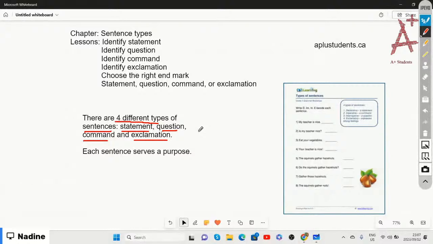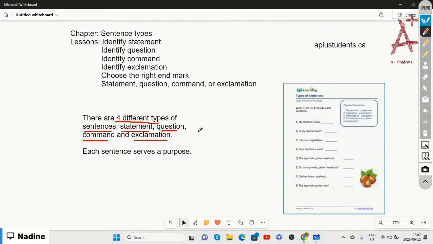If I ask you how old are you, you probably tell me I am 6 years old, or I am 7 years old, or whichever age you are. If I ask what is your name, then you will tell me my name is Anna, and so on. So that is a question.